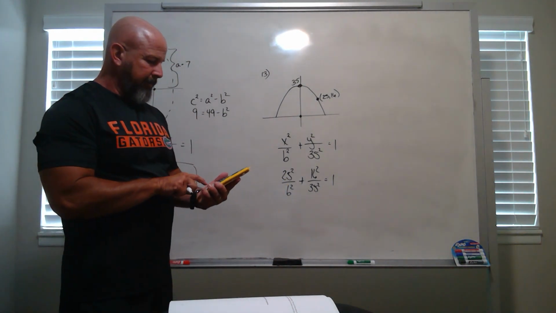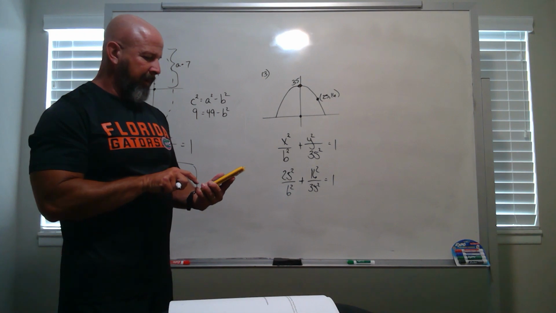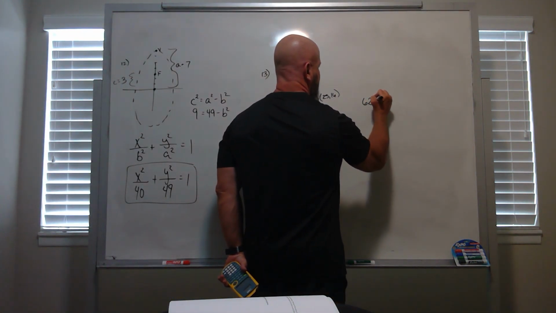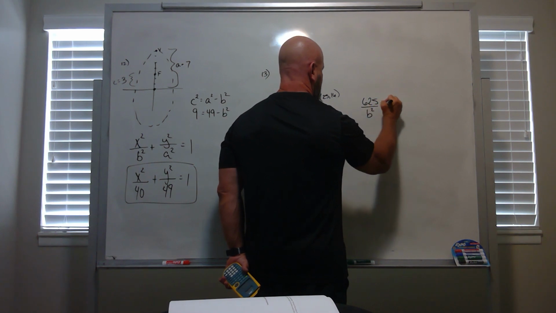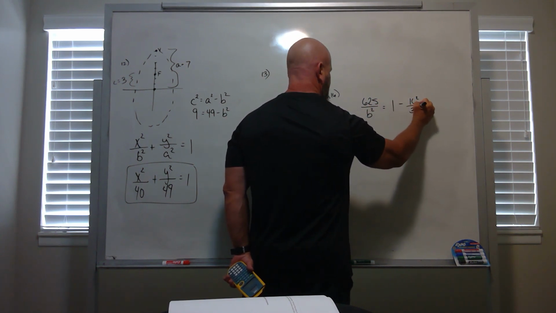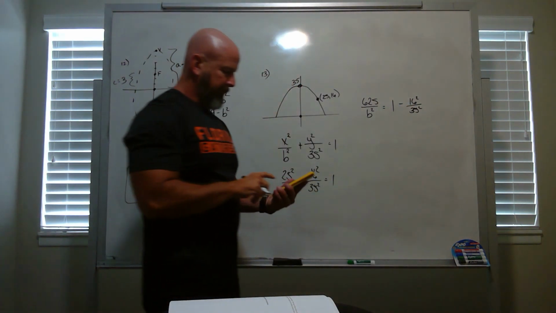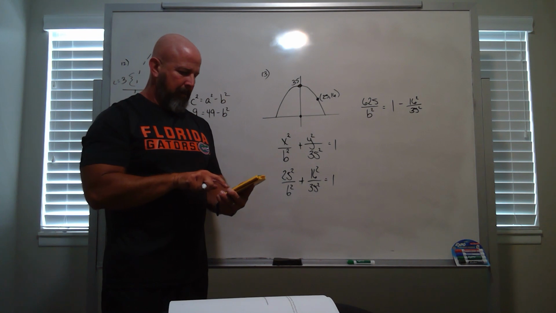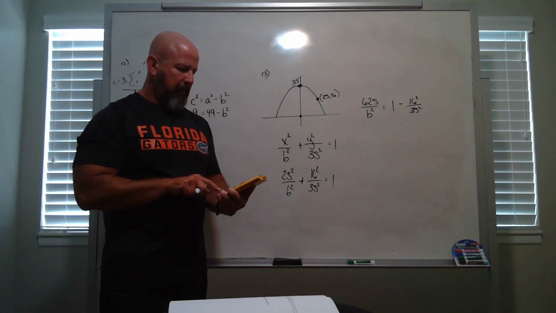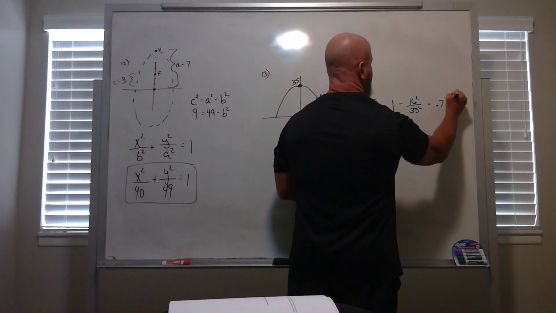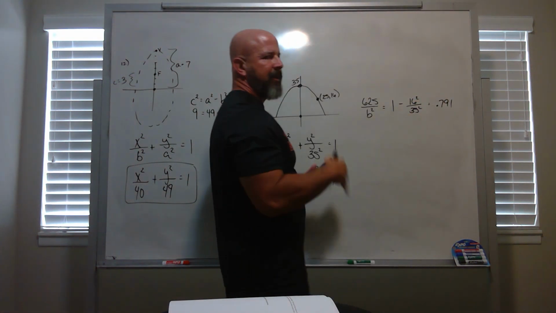25 squared, I think that's 625. Yeah, 625. So 625 over b squared equals 1 minus 16 squared over 35 squared, which is 0.791. You can leave fractions or go to decimals.